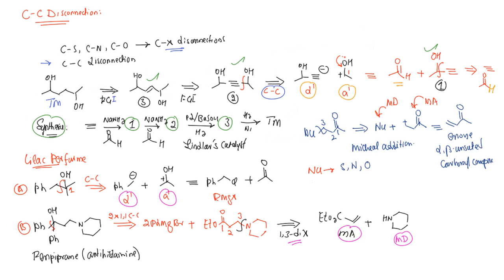As far as the acceptor species is concerned, which is the Michael acceptor, besides enones we could have a group such as nitro or cyano instead of a carbonyl group, because they also make the species a good Michael acceptor. So this represents a 1,3 relationship or 1,3 disconnection. We call it 1,3 disconnection.